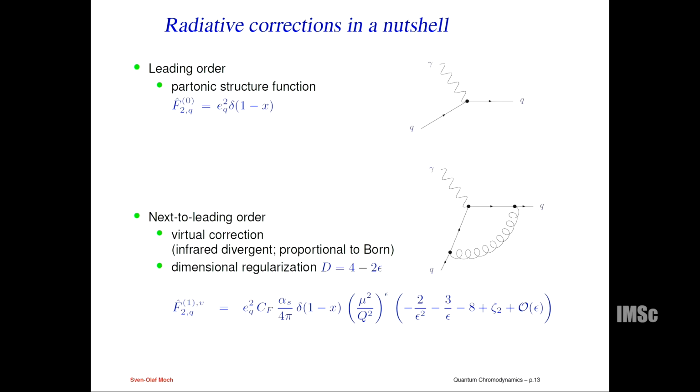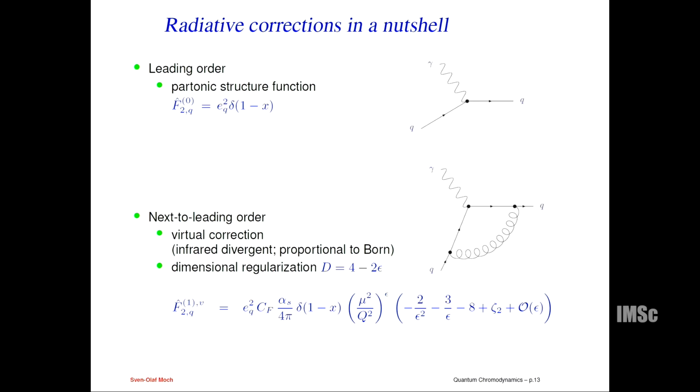And now if we want to compute them at the first order, then we have to consider, like we did yesterday for the case of e plus e minus annihilation, two classes of diagrams. We have to consider the virtual corrections to our Born process, and then we have to consider the real emission of one additional gluon.